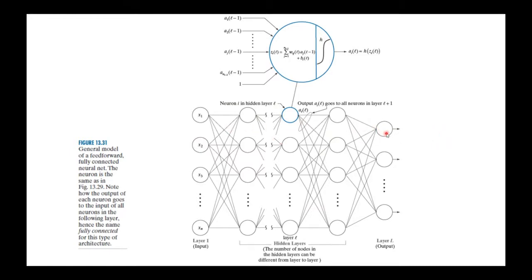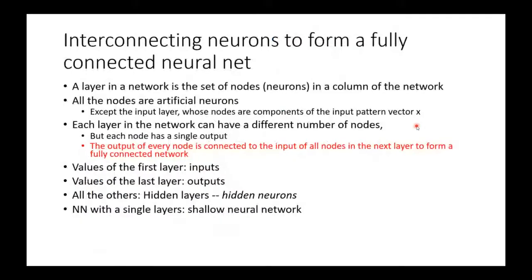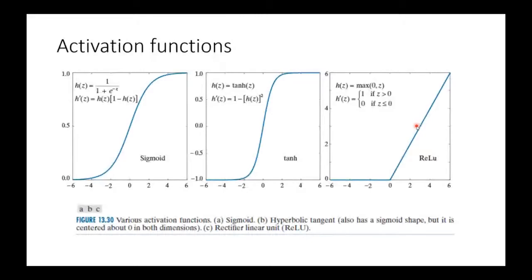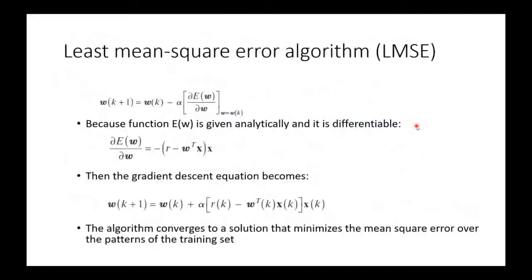If the network decision is wrong, puts this example in the wrong class, then I'm going to use gradient descent, the least mean square error algorithm that we've learned a few slides ago.